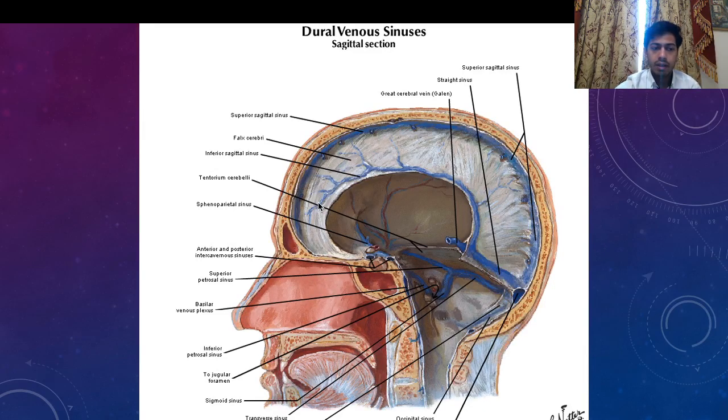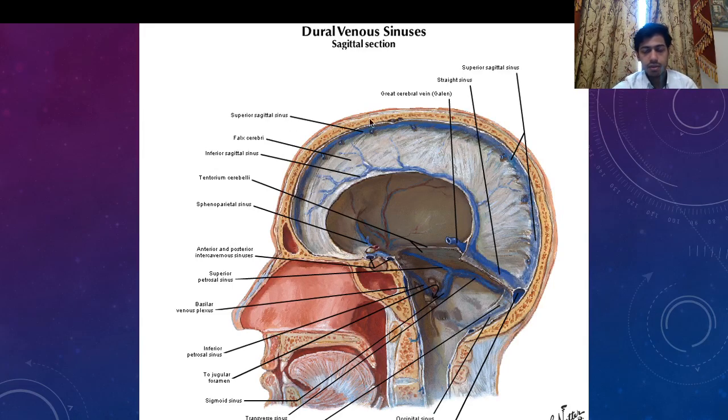And so the cerebral veins, when they are emptied into the dural venous sinus situated within the subarachnoid space, the superficial system will then drain into the superior sagittal sinus, which is right here.